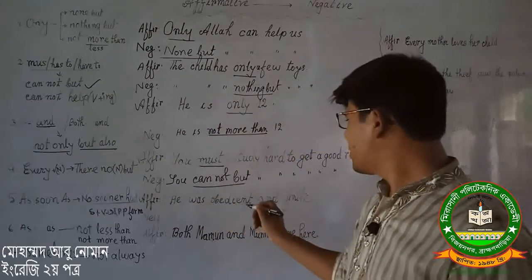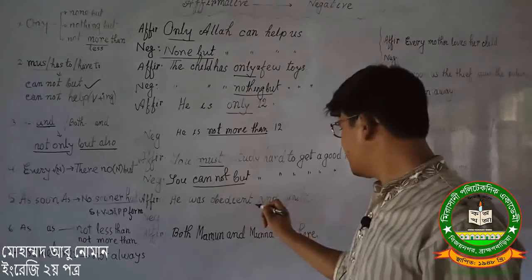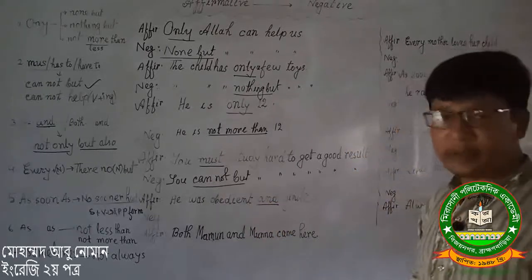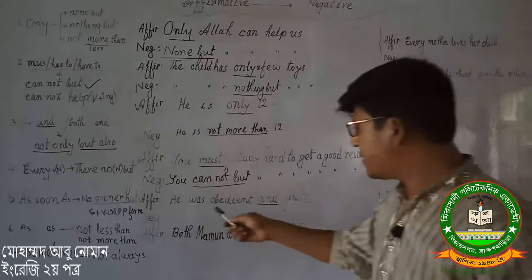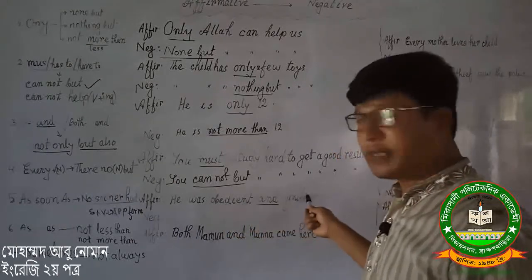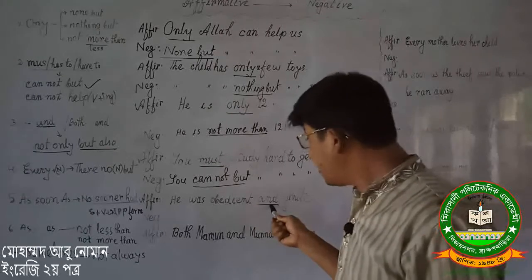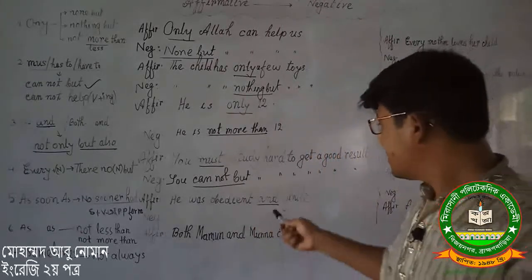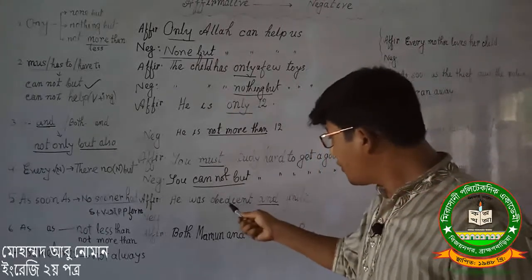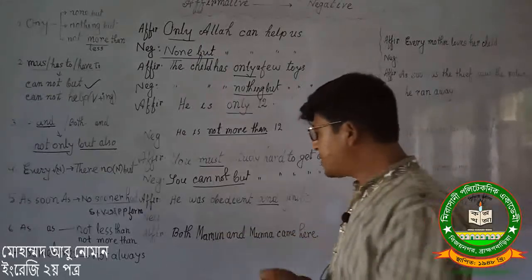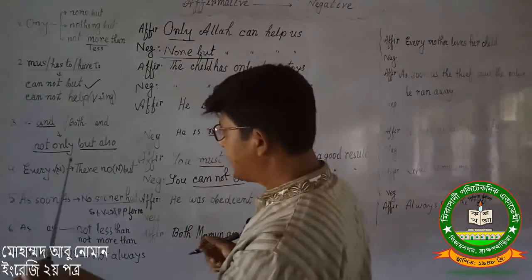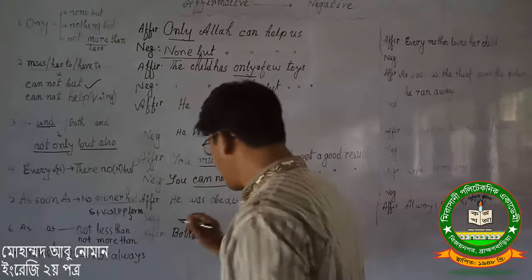Here, he must obedient and gentle. Here I have found a word and. There are two words connected with and: obedient and gentle. Instead of and, before the first word we will write not only.